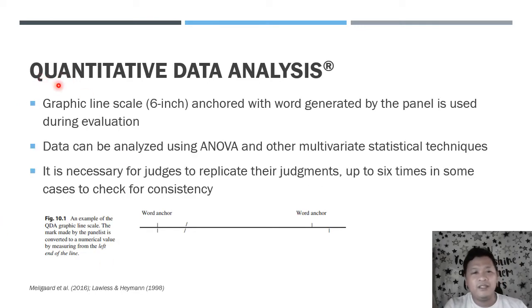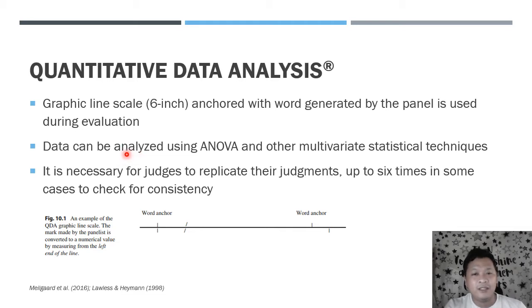So in QDA, automatic na ang ginagamit is line scale, typically the 150 mm or approximately 6-inch scale with word anchors on both ends usually. And this could be analyzed using ANOVA and multivariate statistical techniques. Okay, normally we would consider the data to be interval in nature.